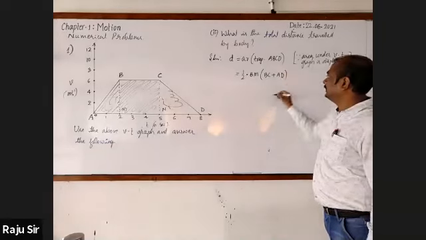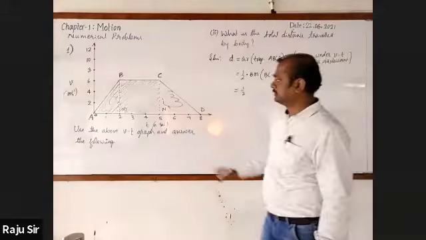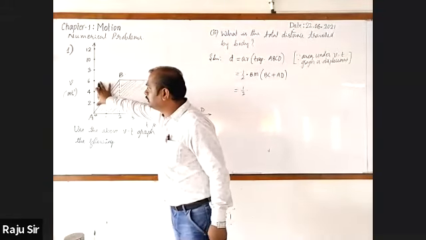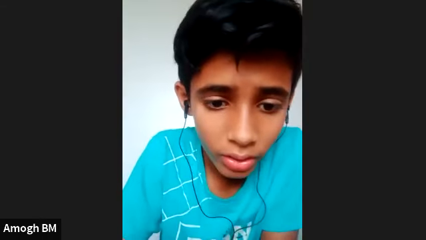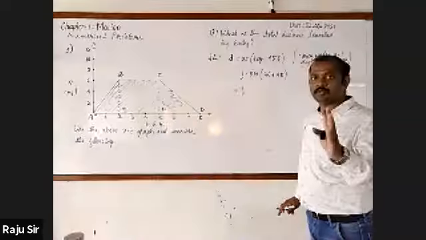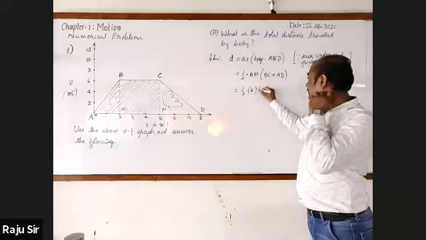BC plus AD. This is equal to half into, where BM is 6 units.